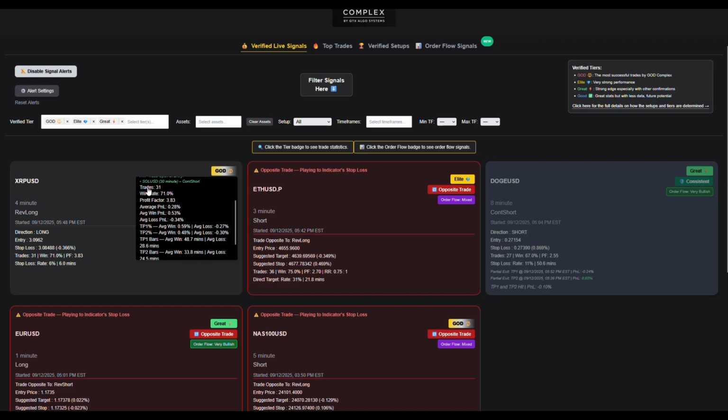You can see the number of trades, win rate, profit factor, average P&L overall, average win, average loss, then TP1 average win and average loss percent along with TP2, and the time.